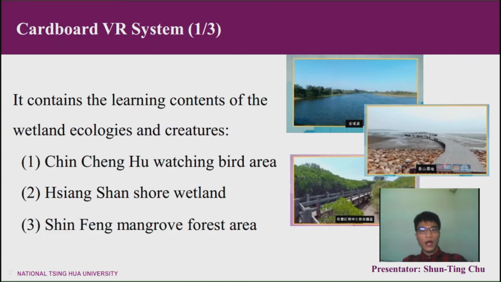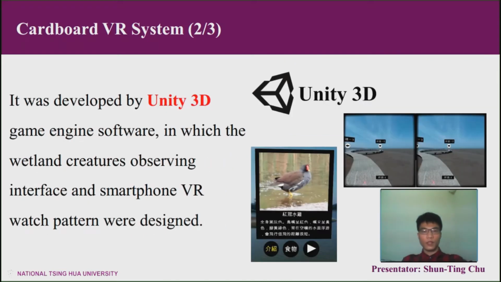They are all located in Hsinchu, Taiwan. Next, this system was developed with Unity's 3D software.